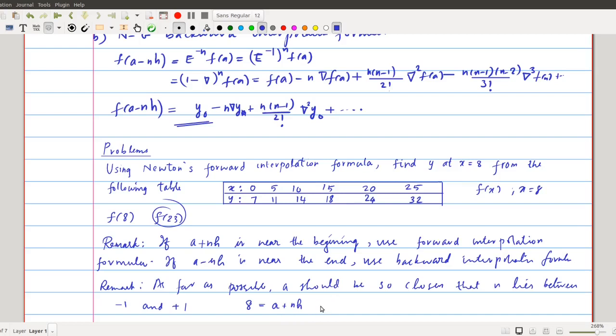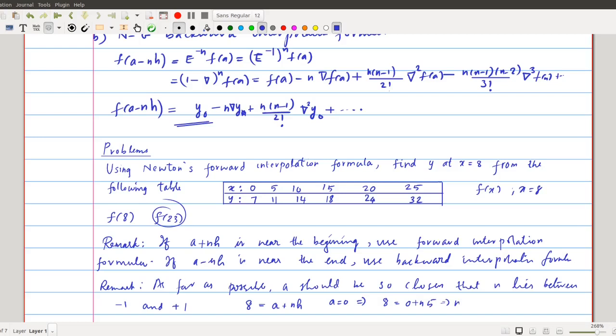So here if we choose a equal to 0, we can say that 8 can be 0 plus nh, and h is 5 here, so we put 5 here.